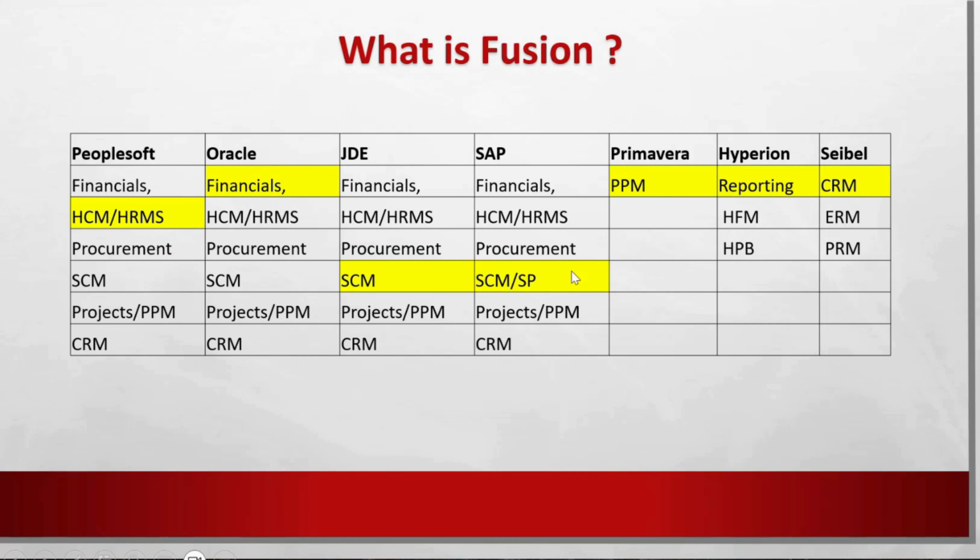After acquiring these, they took the best areas in these ERPs and implemented them in Fusion. Thus, now the clients can get their best ERP solution in one product, that is Fusion applications.